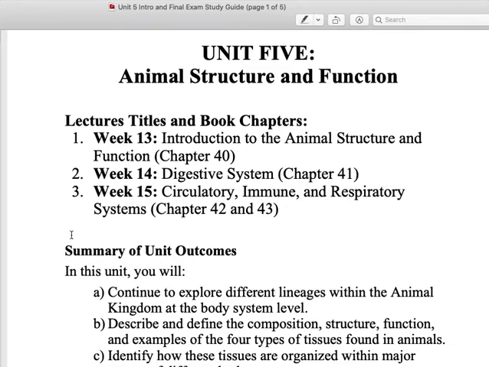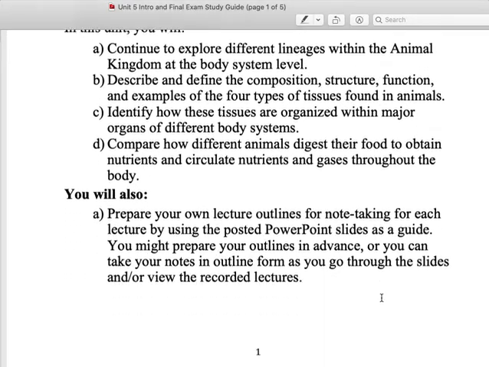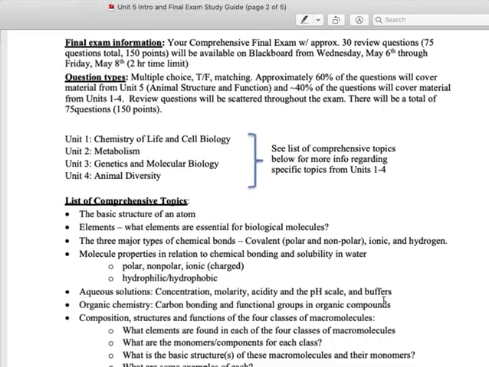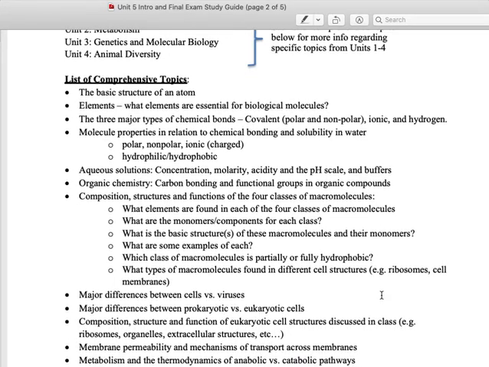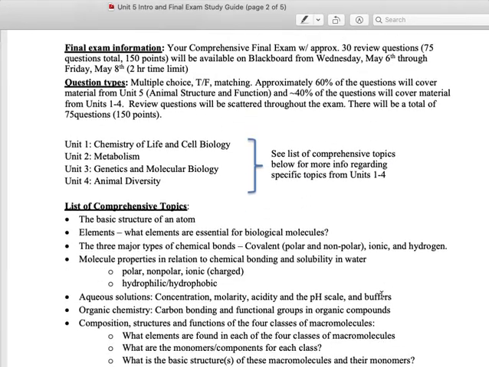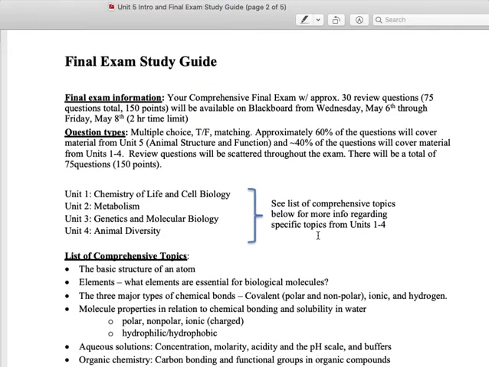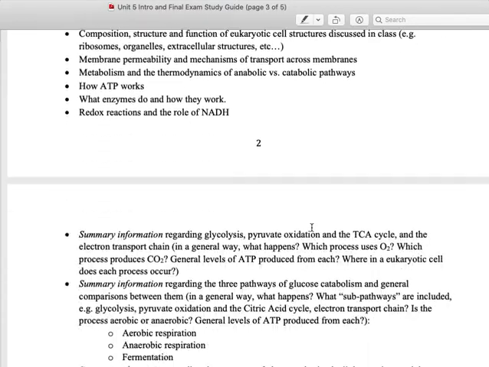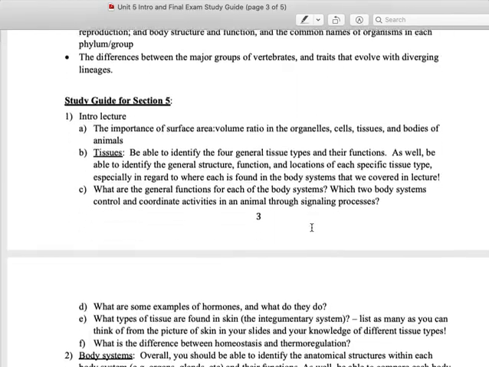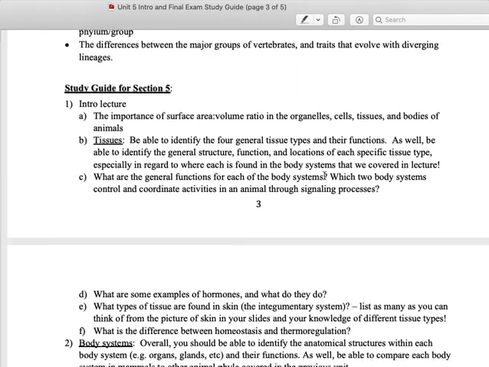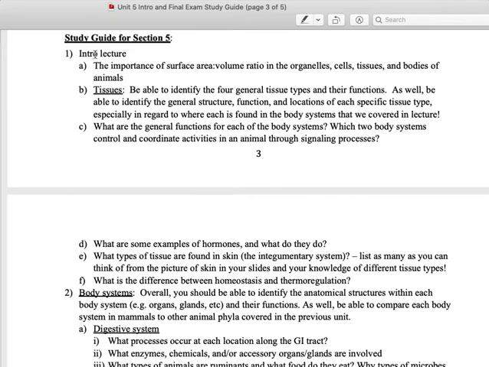I've removed one of the chapters and streamlined the study guide and took out some stuff that wasn't necessary. So this study guide includes a list of comprehensive topics, and then for Unit 5, I have some major big picture questions or concepts from each of the lectures.